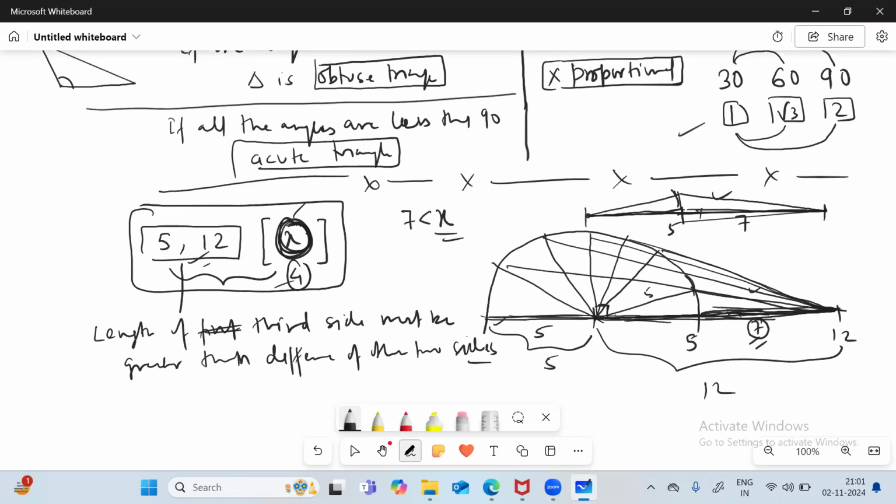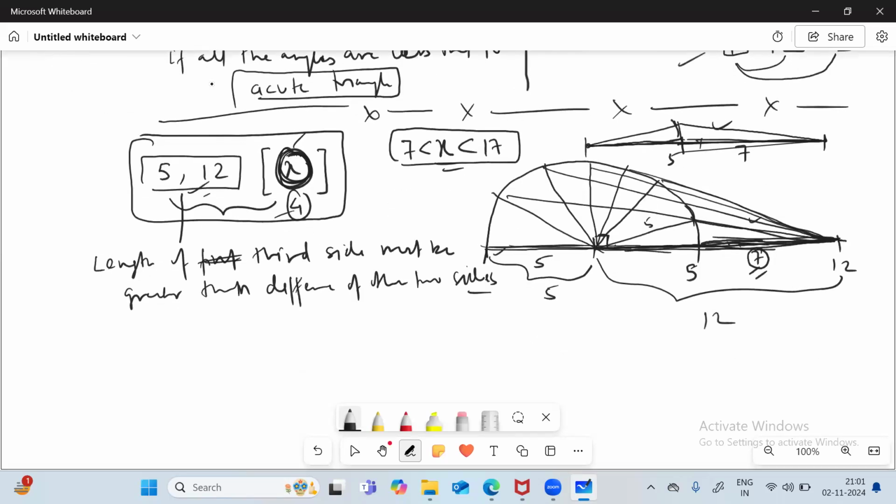So the third side cannot be greater than 17. So all the triangles which we can make from sides 5 and 12 can only be made if the third side is more than 7 and less than 17.